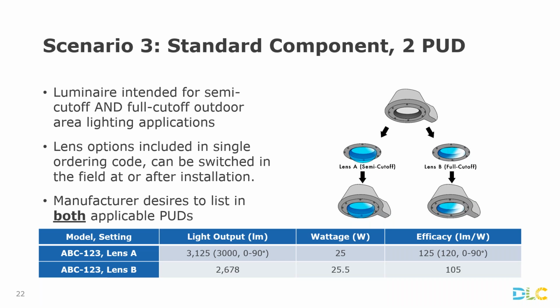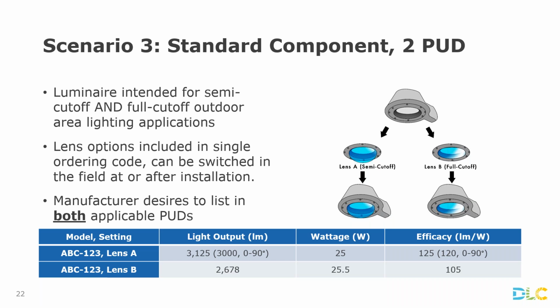And the end user or installer at the point of installation can decide which of those two lenses they install on the product. For this scenario, let's imagine that the manufacturer would like this luminaire listed both in the DLC primary use designations for full cutoff wall-mounted area luminaires and the one for non or semi-cutoff wall-mounted area luminaires.